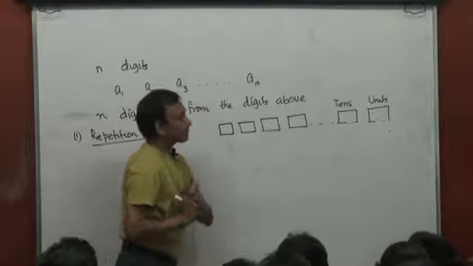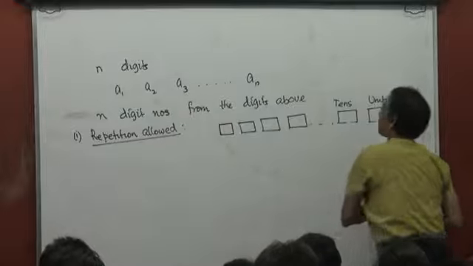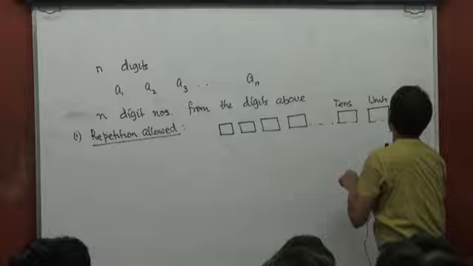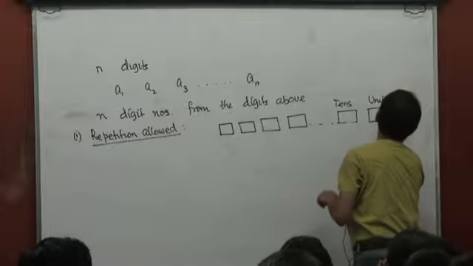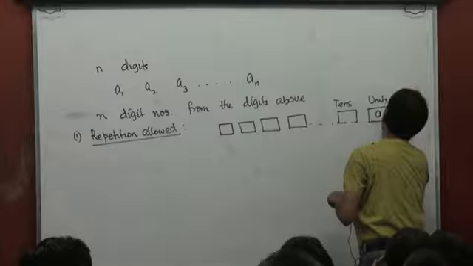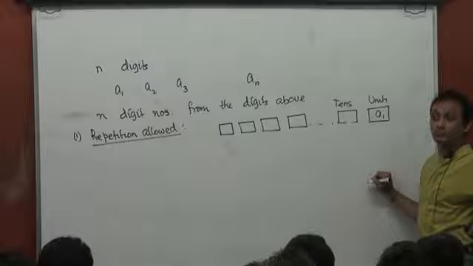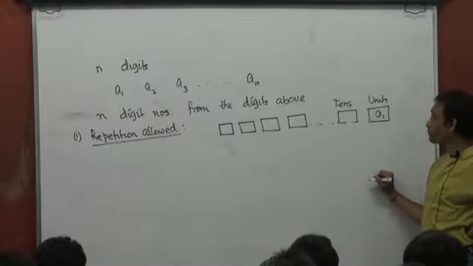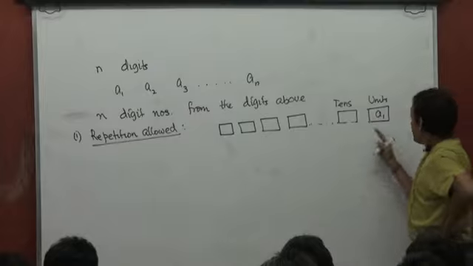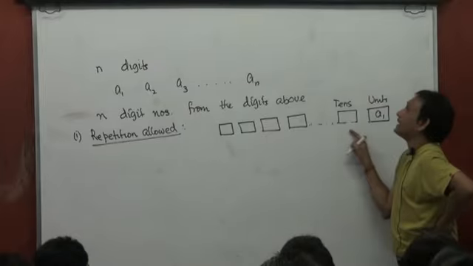Suppose I fix A1 in the units place. In how many ways can I fill up the remaining n minus 1 places?